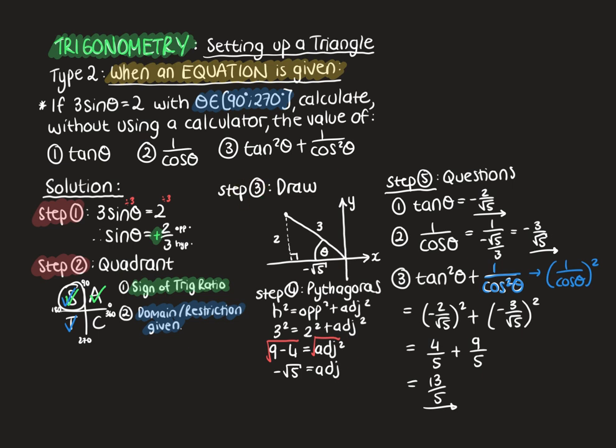Step 3 is to draw your triangle in that quadrant you worked out in step 2 and then put in your known sides. Step 4 is to use Pythagoras' theorem to work out your third unknown side. After that, all your information in your triangle is sorted. We can therefore go on to step 5, which is answering your questions, which is a little bit of fraction simplification work.